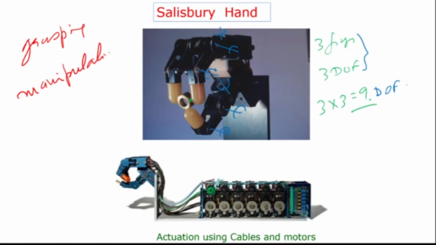How is it actuated? Basically, each joint is actuated by cables. So these cables run down across under the fingers and into the drives, which are located a little bit further away. These are all cables which are moving to the motors and pulleys, and when the motor rotates, the tension in the string changes, and that's how the fingers move.